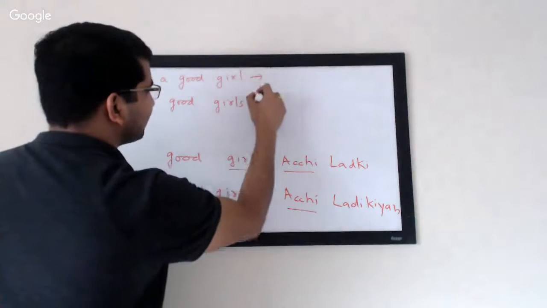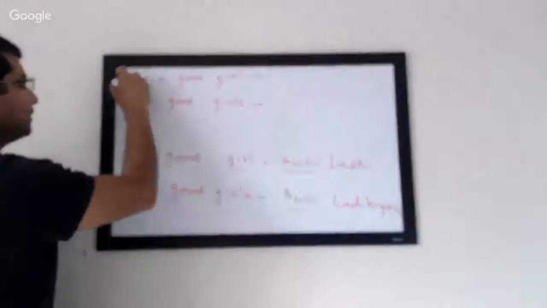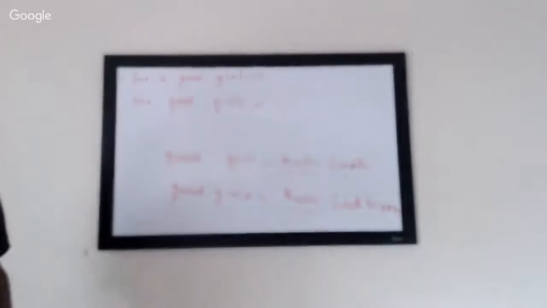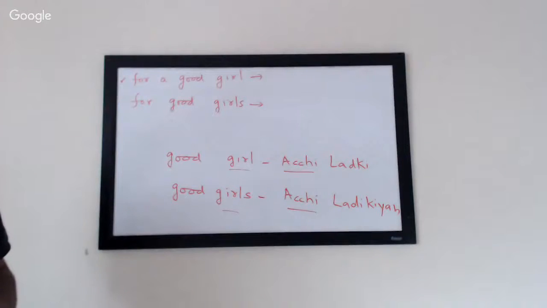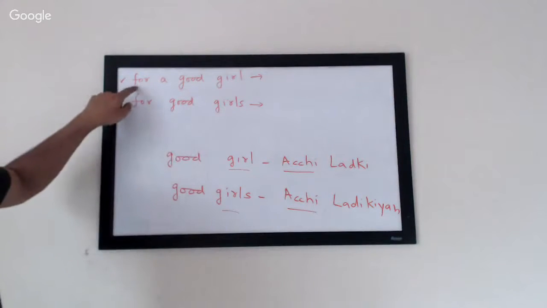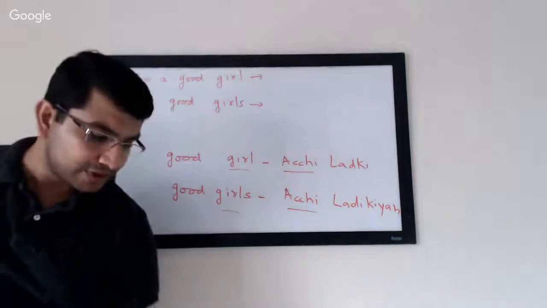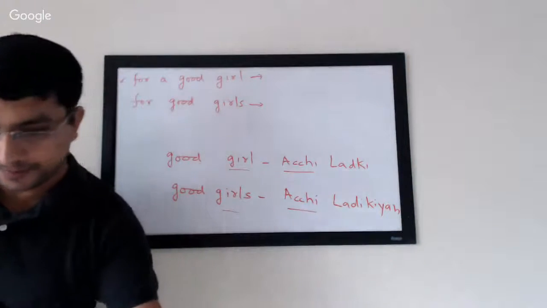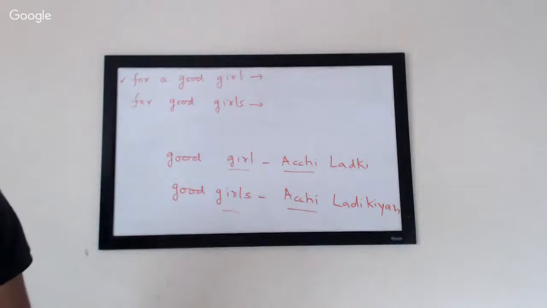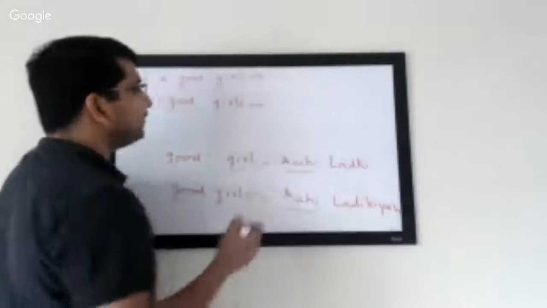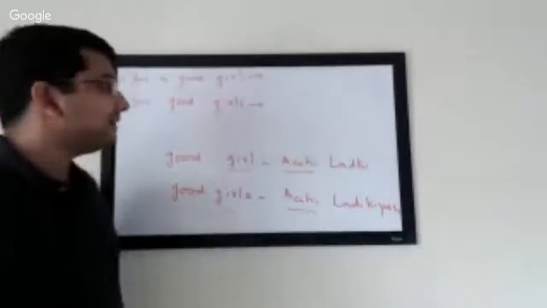First write the sentence for the first one, and then we'll jump to the next one. For a good girl. And if this is difficult to follow, you can say this phone is for a good girl. Right? So simple, right? यह फोन अच्छी लड़की के लिए है.